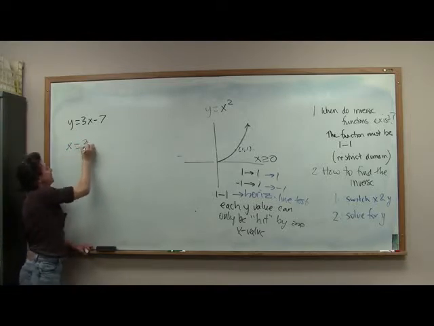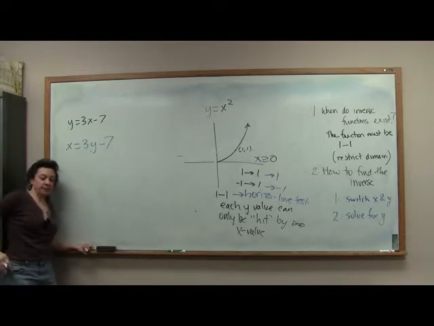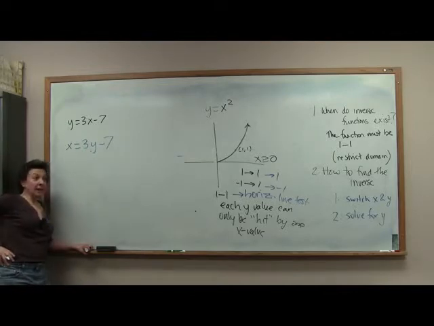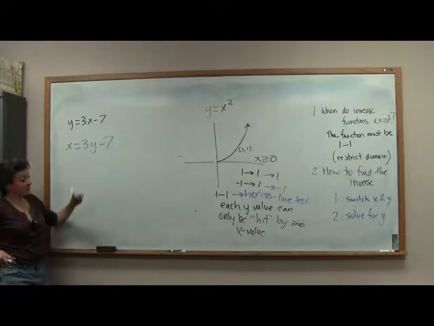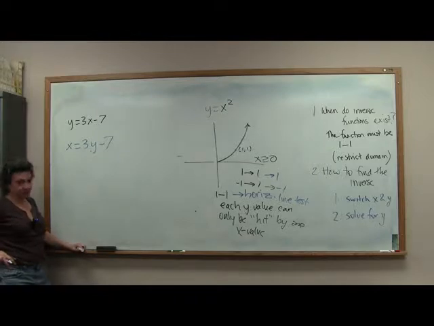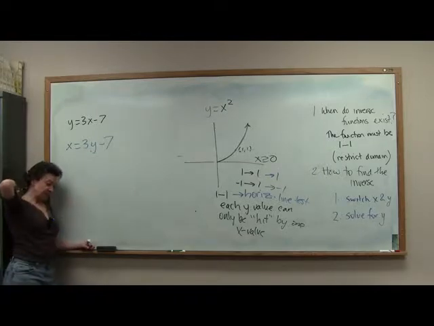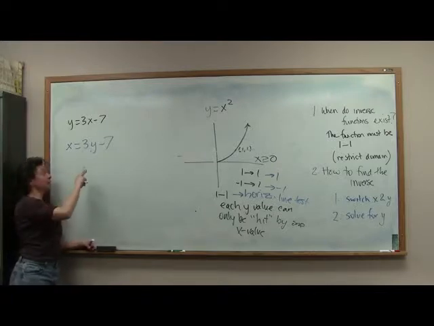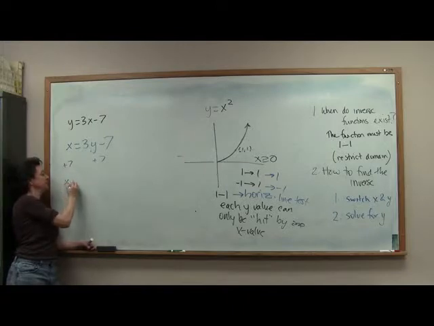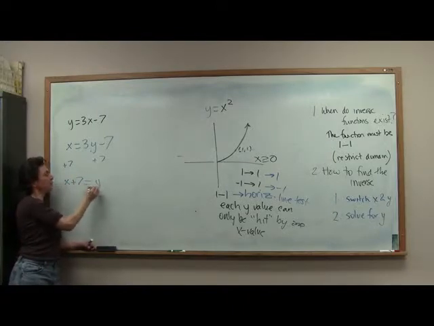So I say x is 3y minus 7. My next step is now to solve for y. Sometimes this can be a real pain, trust me. I claim in this example, it's not too bad. How do we solve for y? Well, the first thing we would do is add 7. So I have x plus 7 is equal to 3y.